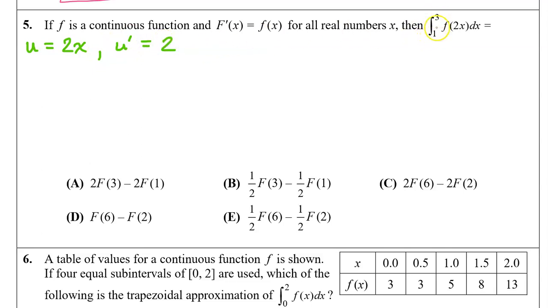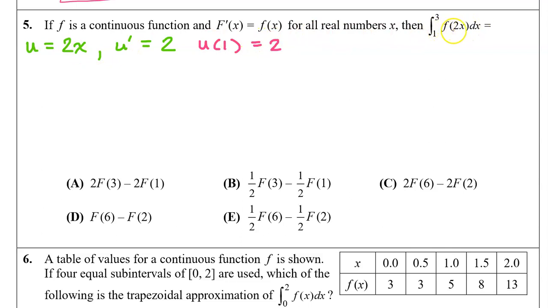In order to change the limits of integration, we need to change these x values into values of u. Let's start with u at 1, and we're using this equation right here. So u at 1 will be 2 times 1, which is just 2.